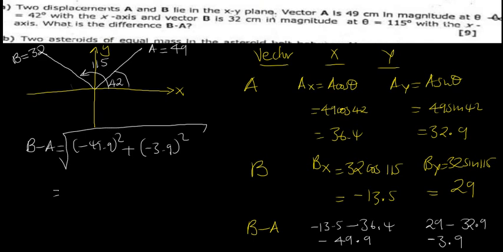So I can be doing that: 49.9 squared plus 3.9 squared. What does that give you?